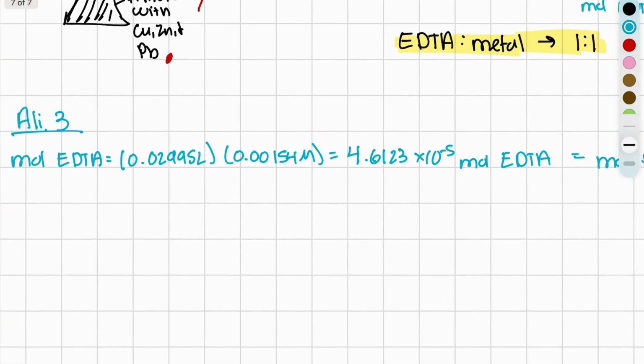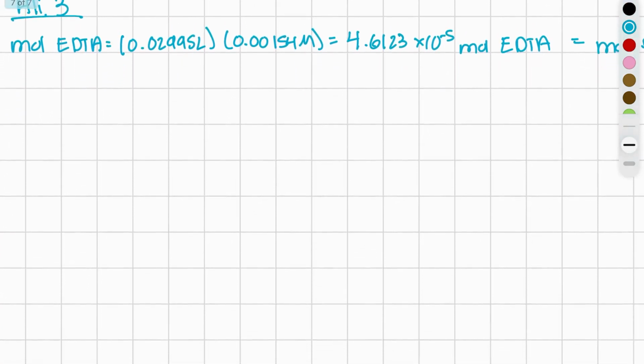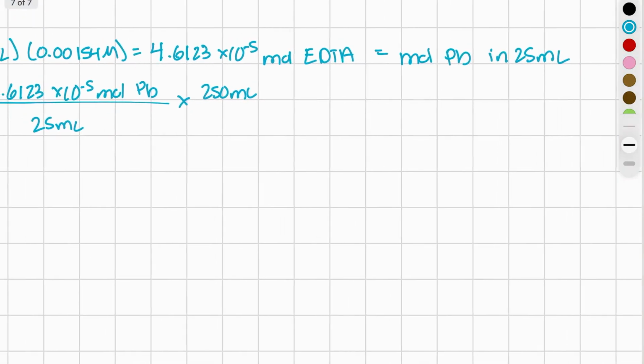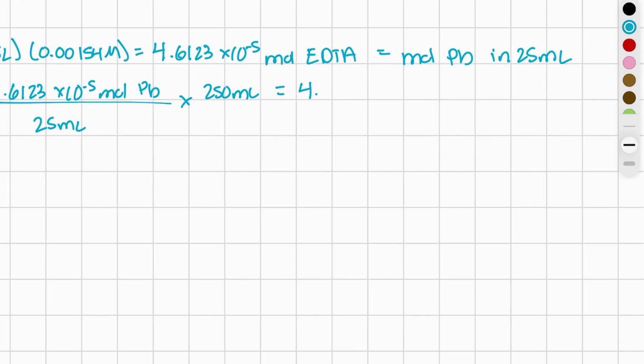So I'm going to take 4.6123 times 10 to the negative 5 moles, divide that by the 25 milliliters, multiply it by the 250, and that should give me 4.6123 times 10 to the negative 4 moles of Pb in our pewter sample.